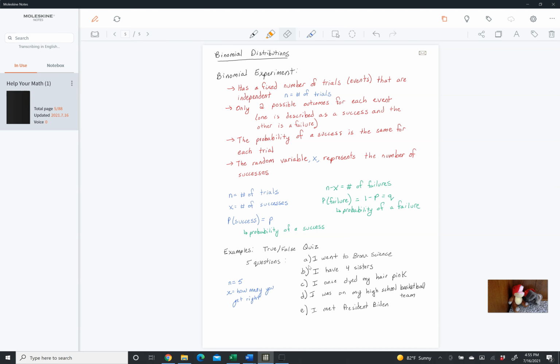And P, in this case, is the probability of a success. Since there's only a true or a false, the probability of a success is 1/2. And that means that Q is 1 minus 1/2, which also happens to be 1/2.